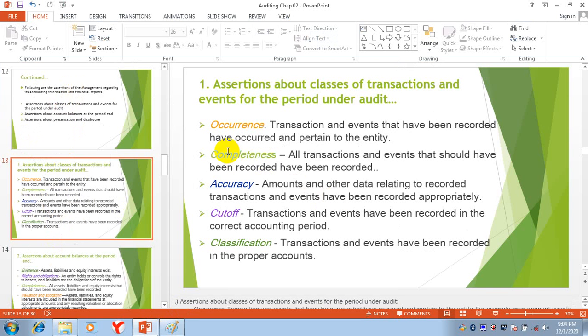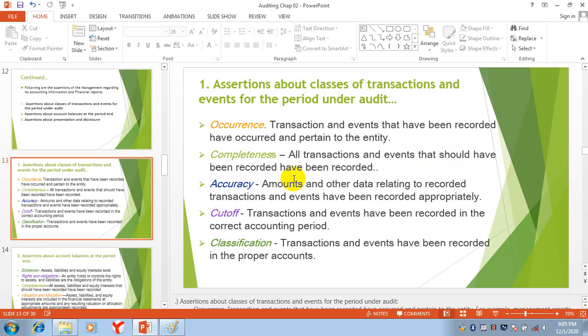The second thing is completeness. All transactions and events that should have been recorded have been recorded. Completeness means we record all the transactions in our accounting record. Nothing is missing in these transactions.